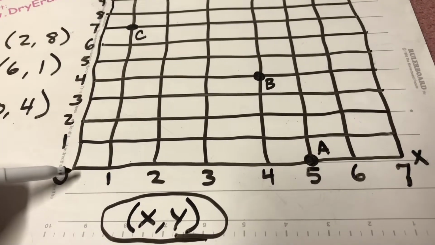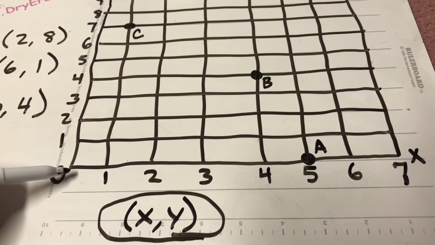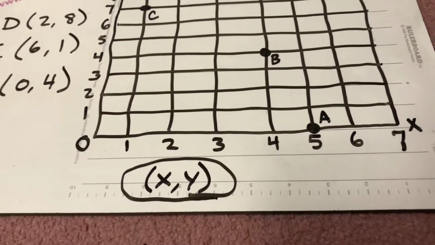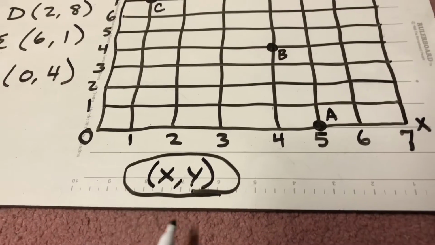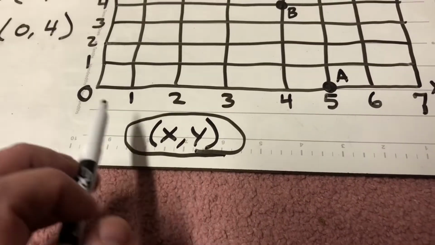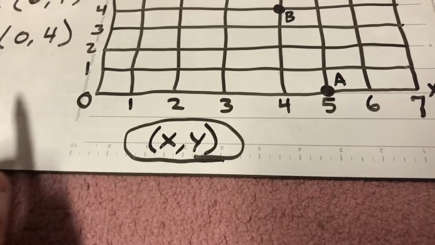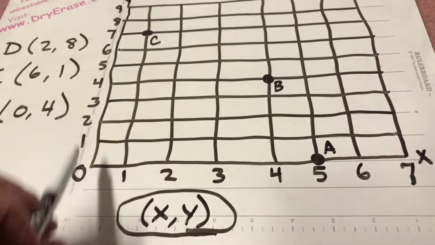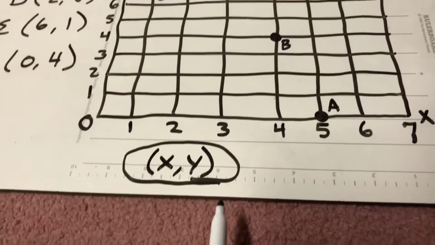And as you get into 6th grade next year, coordinate planes will get into negative numbers, -1, -2, -3, and so forth. But the important thing to establish right now is x is how far it goes left or right on the x-axis. Y is then how far up or down on the y-axis.